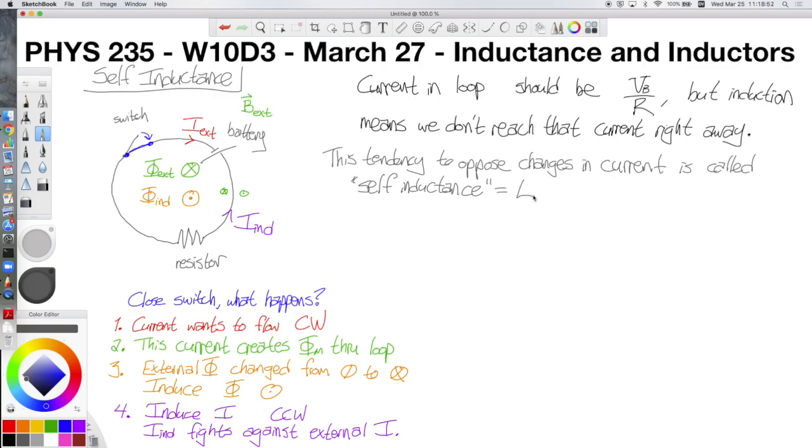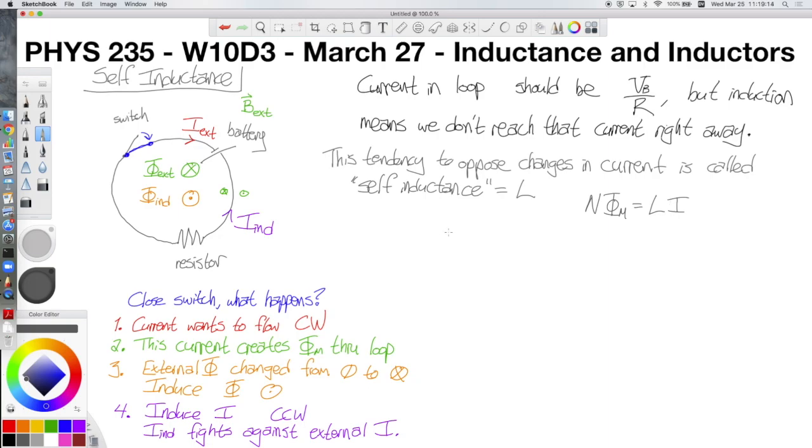So some formulas that can be useful here. There is the number of turns in the coil of whatever we're talking about. Most inductors have multiple turns to the coils, times the magnetic flux through that coil equals the inductance times the current flowing.